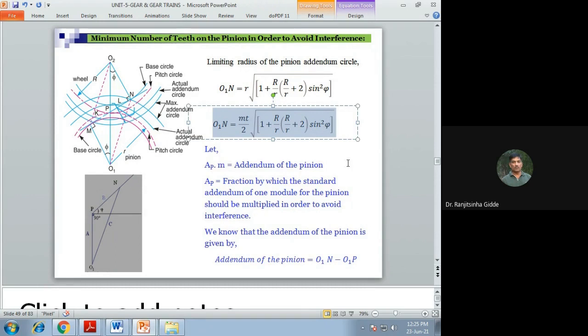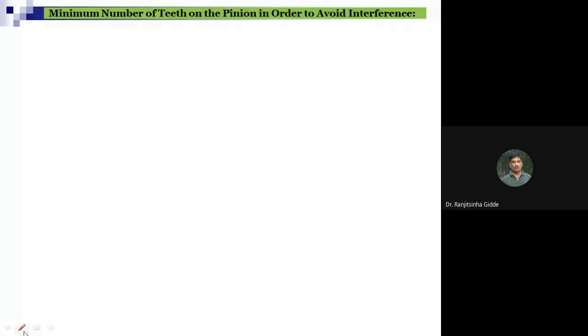Now you should remember that there is one standard whereby we are going to assume that the addendum for the pinion is equal to 1 module. Right. So what is addendum? This we have seen already, so I will just show you.